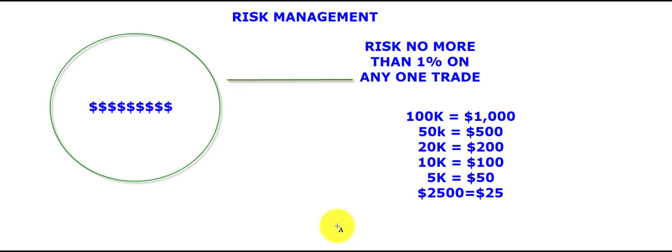But we're not going to lose more than 1 token, and we're not going to lose 5 tokens, 10 tokens, or 20 tokens on 1 trade. We can't do that, no matter our account size. And so we're going to talk about how we do that in a follow-up segment.